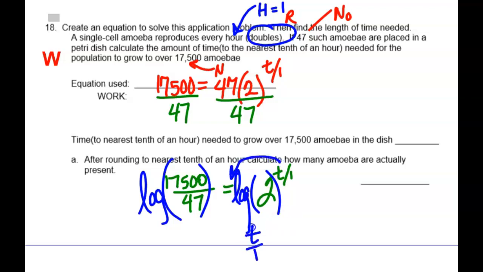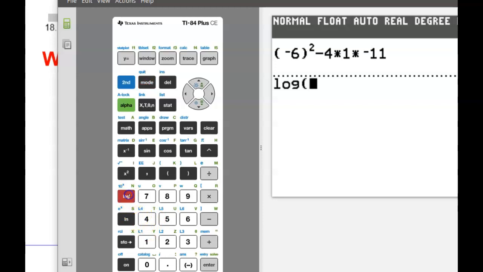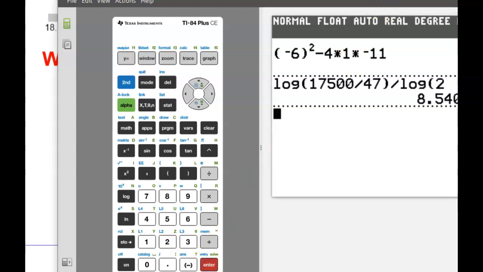So you'll have t over 1 or over 5 if there was some weird number there. And then you're going to divide the log of 2 over to this side. So we have this big, messy thing to type in. All right. The log of 17,500 divided by 47, and then divided by the log of 2, 8.5.